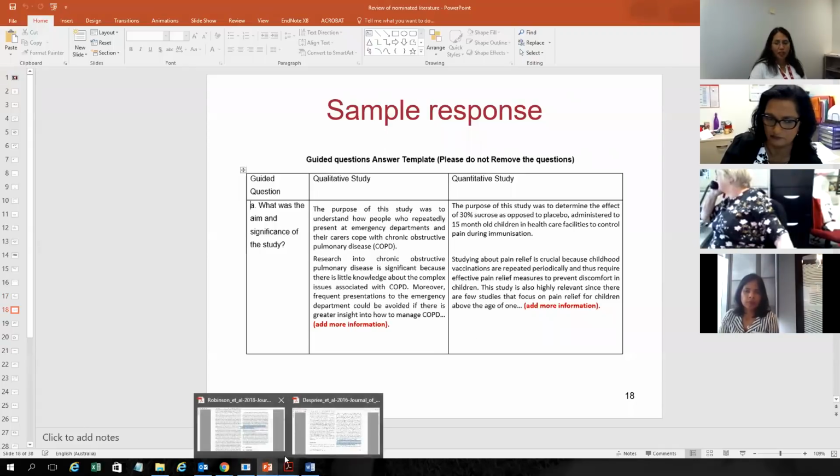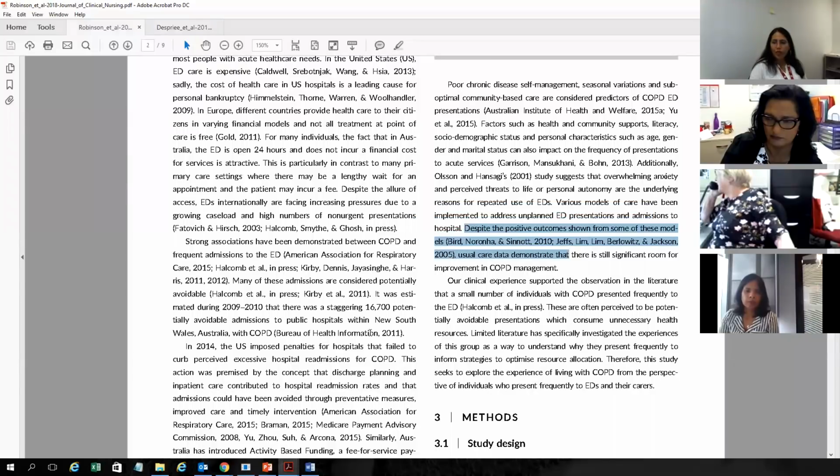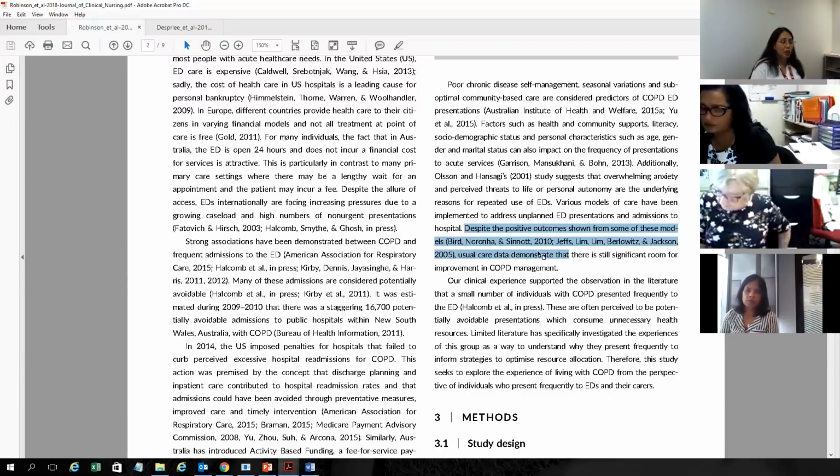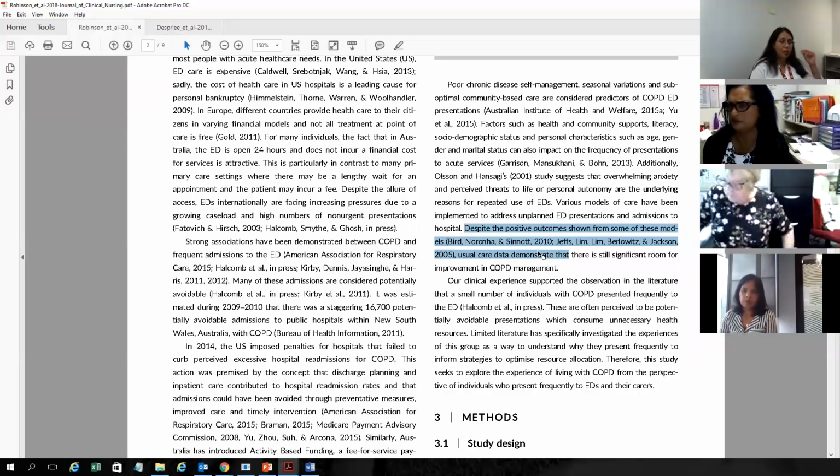So let's go back to the article. If you say, despite positive outcomes shown, and you have quite a few references there, you don't have to include all these references. When you refer to the article that you're reviewing, you don't have to reference it at all. The only time you reference the provided articles is in the aim.